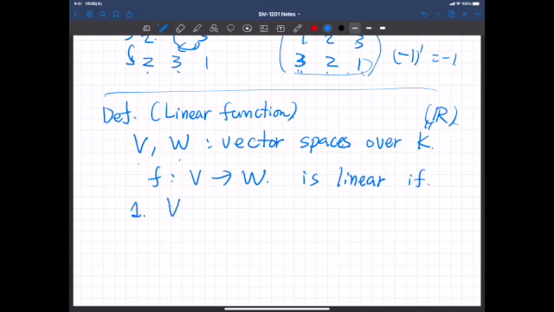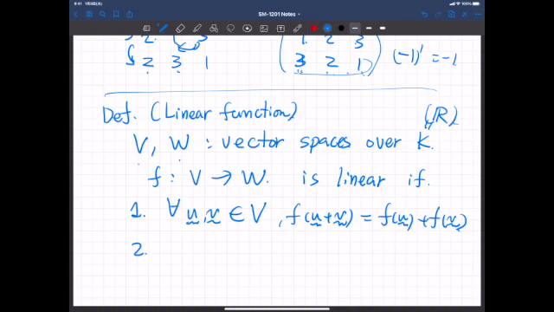One, for all u and v in the vector space V, f of u plus v is equal to f of u plus f of v.